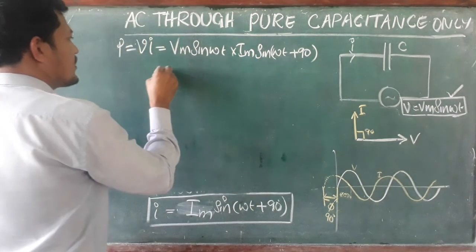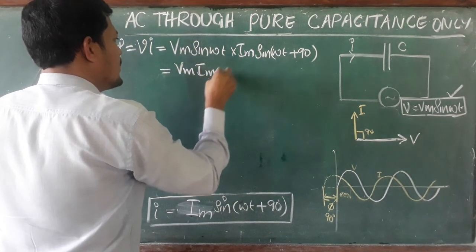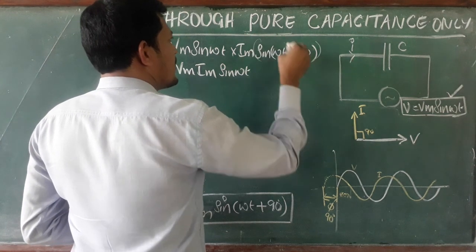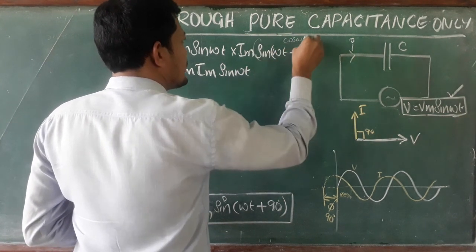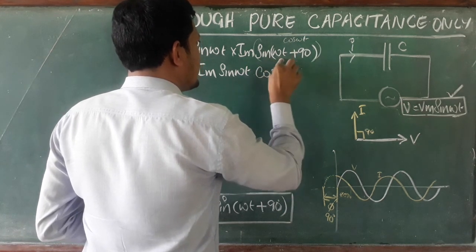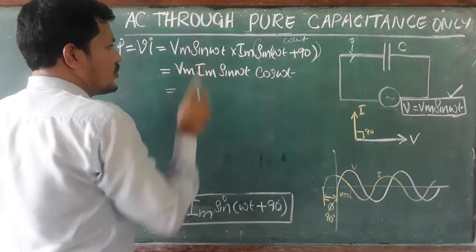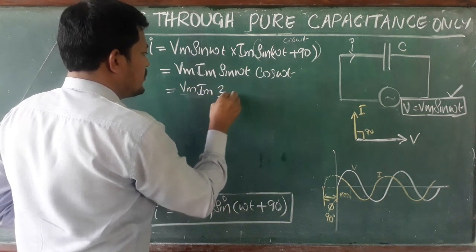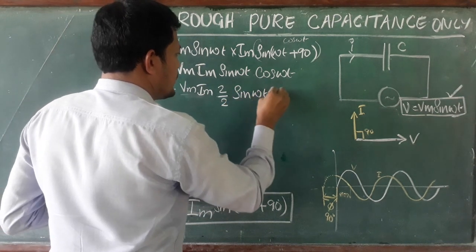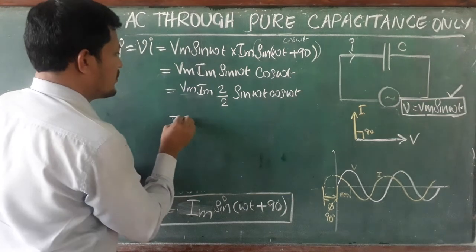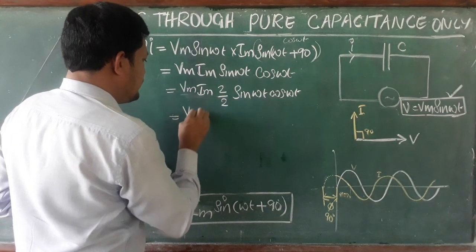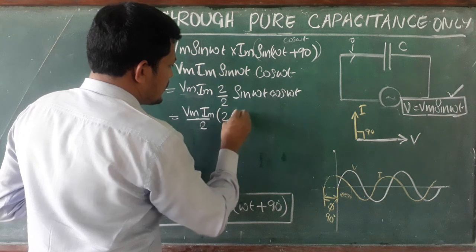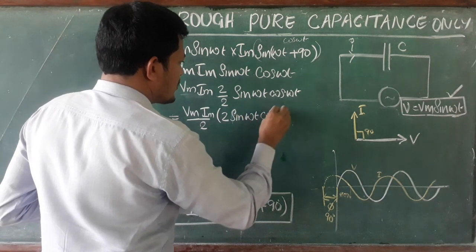Now Vm Im is a constant, and sin omega t plus 90 is cos omega t, so I am replacing it. Now multiplying and dividing by 2, Vm Im by 2 into 2 sin omega t cos omega t.